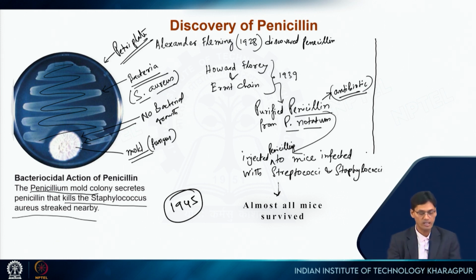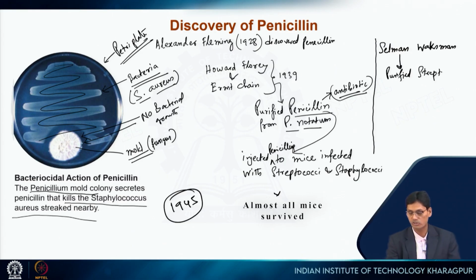Later on, another scientist, Selman Waksman, also purified another important antibiotic called streptomycin, from one fungus called Streptomyces griseus.